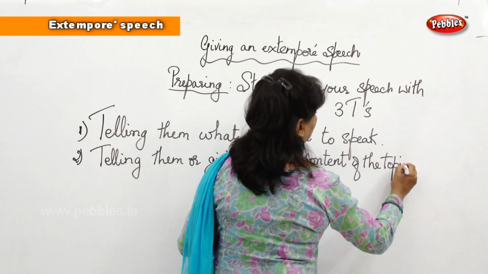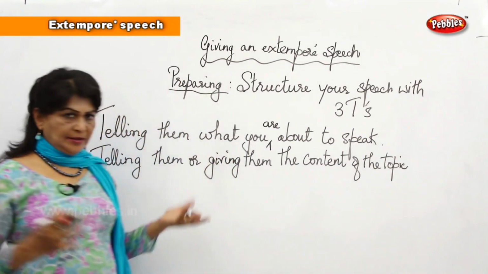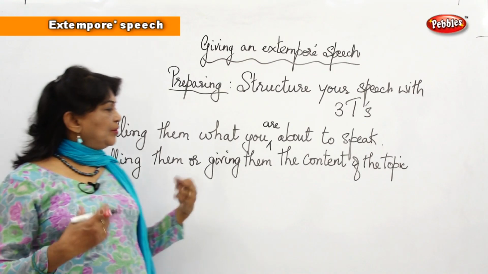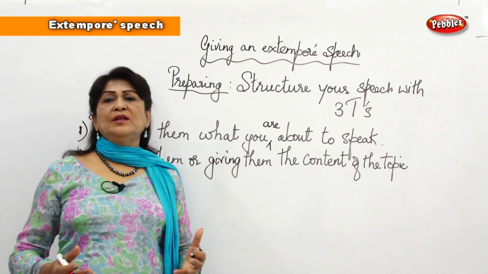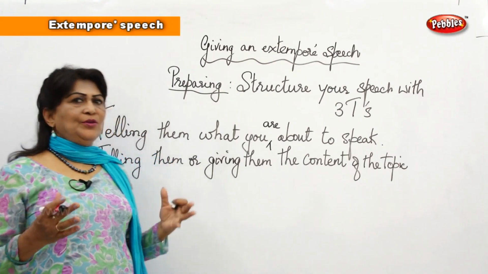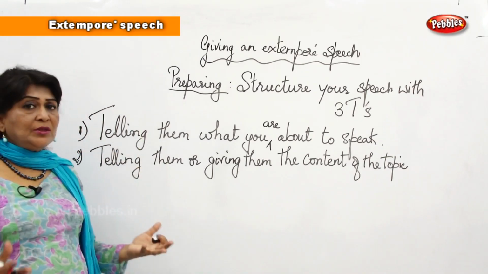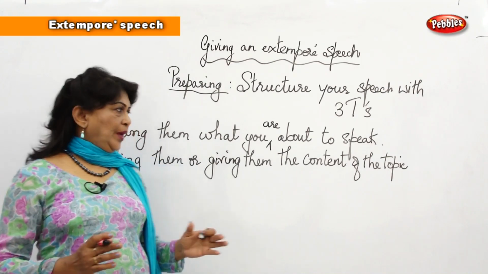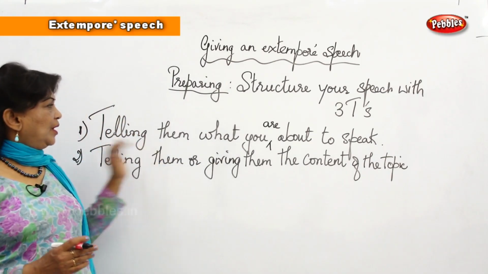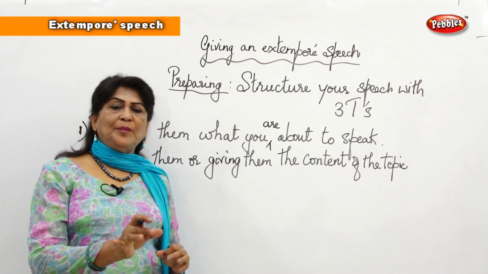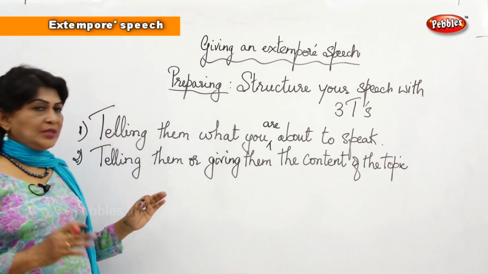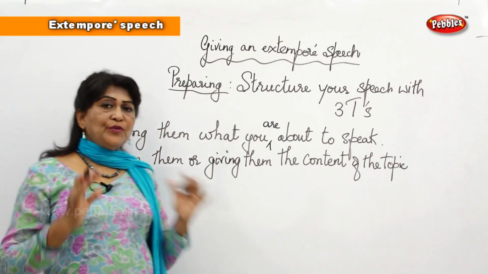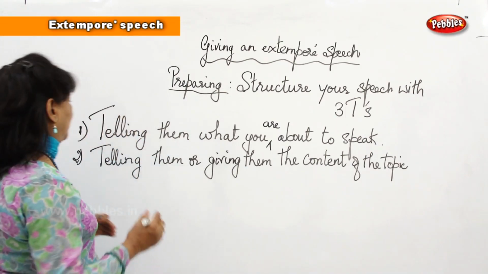Okay, whatever you are going to speak, you first introduce, and next thing is you tell them or you give them the content of the topic, like whatever you have prepared, whatever you want to tell them, you speak it out in a very effective way. Okay. So, first you have to introduce your topic, and you should tell the audience what you are going to speak on. Next, you are giving them the full content of the topic.